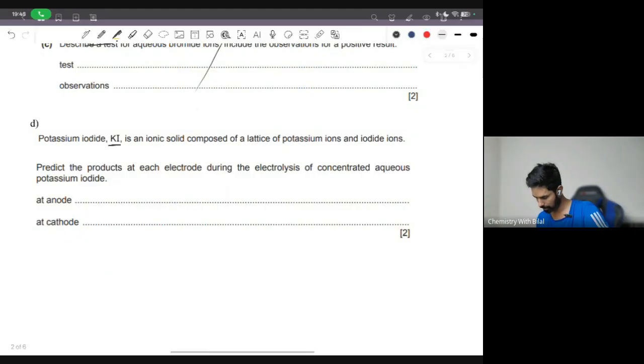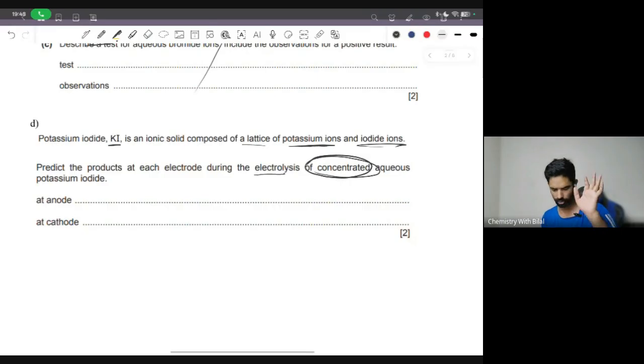Potassium iodide is an ionic solid composed of a lattice of potassium ions and iodide ions. Predict the product at each electrode during the electrolysis of concentrated aqueous potassium iodide. So whenever it is aqueous, no matter concentrated है या dilute है, एनोड पे तो हमेशा क्या? उसने कहा, predict the product. एनोड पे तो बनेगी ऑक्सीजन. नो नो नो, कैथोड का लॉक होगा ना. कैथोड पे तो बनेगी हाइड्रोजन. ठीक है भाई, मैं दोबारा ओपन करके लिख देता हूँ.